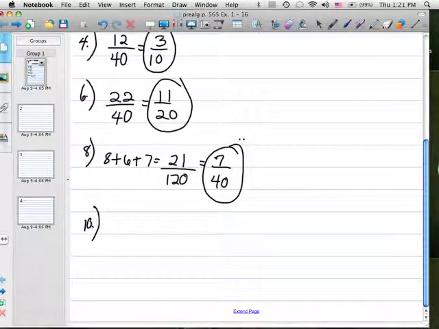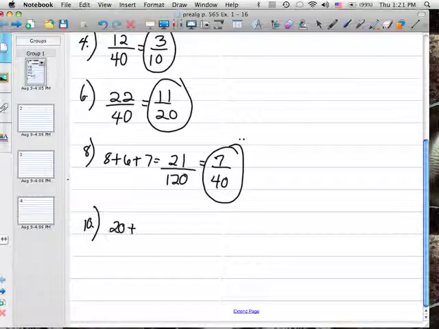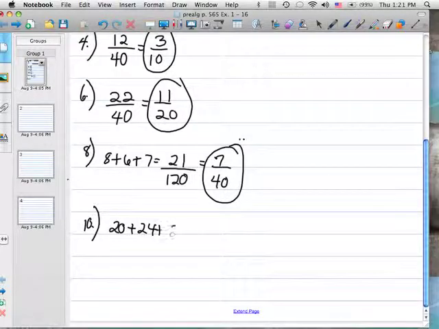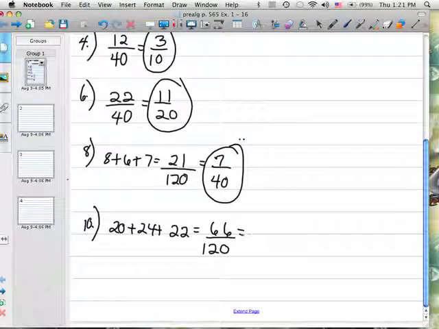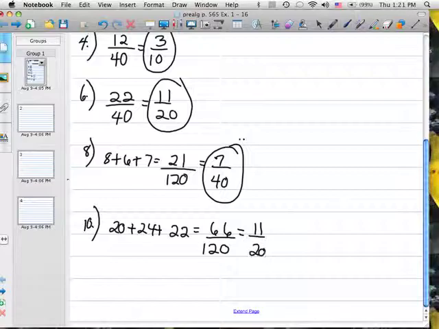Number 10, probability on the side. If we add up all the side results, we get 20 plus 24 plus 22, which is 66 out of 120. And 6 goes into 66 eleven times and into 120 twenty times, so 11/20.